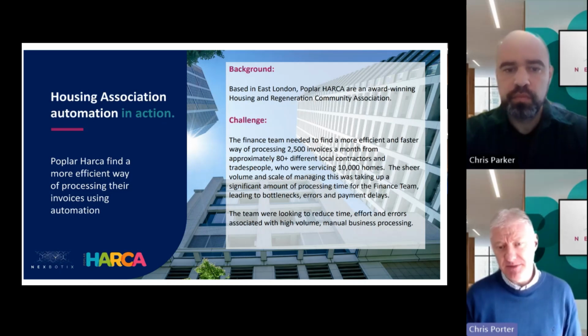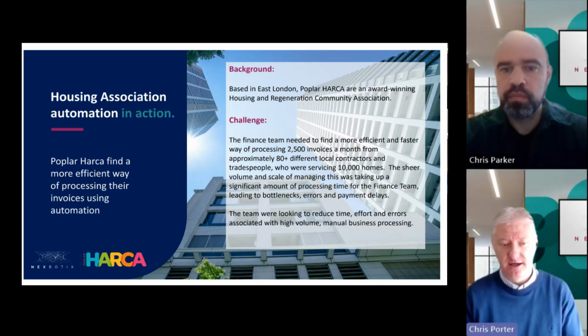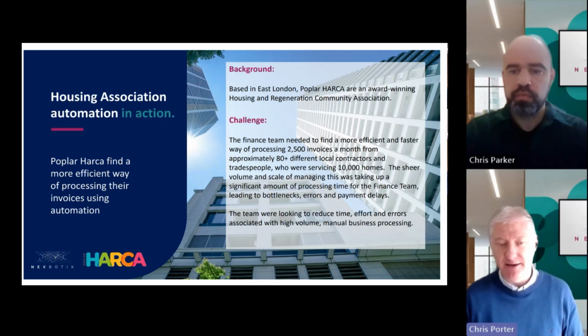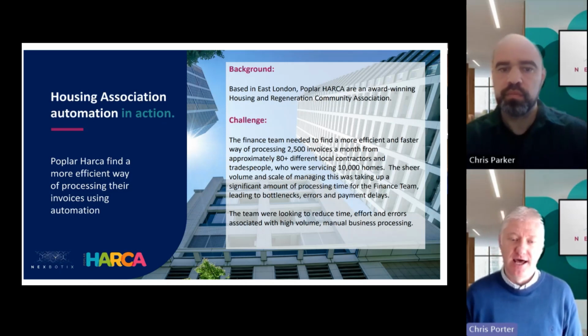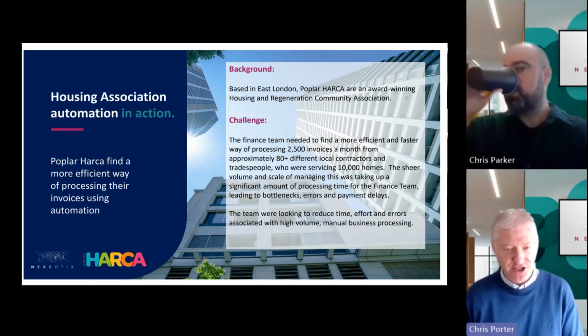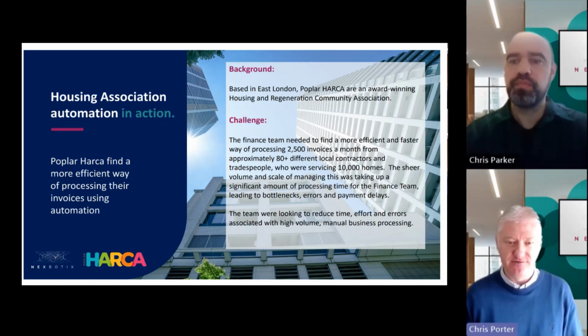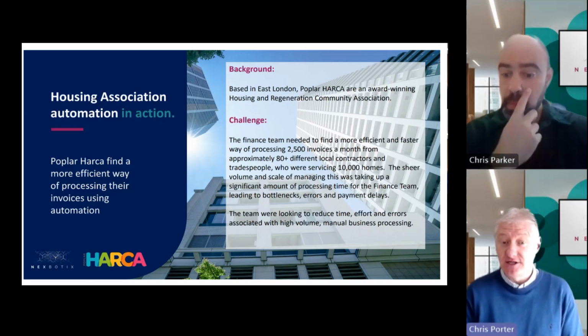They had a particular issue with the suppliers that were doing a lot of the work supporting leaks, damages and maintenance issues in the properties that they manage. These suppliers were sending in spurious invoices at different times, different dates, different formats. So quite a complex set of invoices from these local contractors, around 2,500 a month.